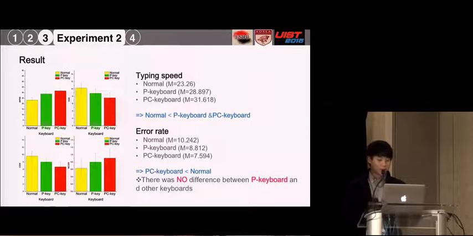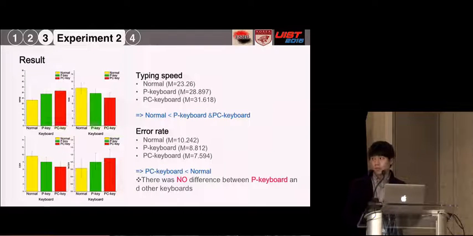As a result of the ANOVA, there were differences between the 3 keyboards with respect to typing speed and error rates. As you see, the figure shows the results of WPM, TER, CER, and NCER. In the figure, the normal keyboard is presented in yellow, the P keyboard in green, and the PC keyboard in red.